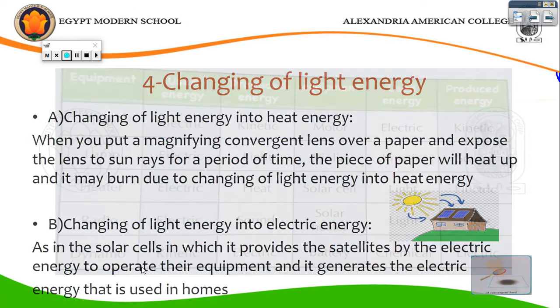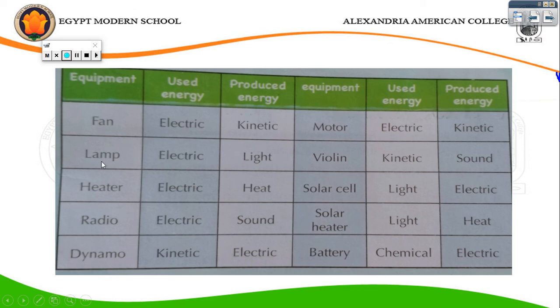So we can summarize all of those in this table. The fan, from electric to kinetic: the motor uses electric energy and produces kinetic energy. In the lamp, light energy is produced from electric energy.